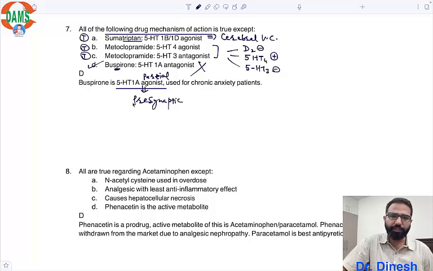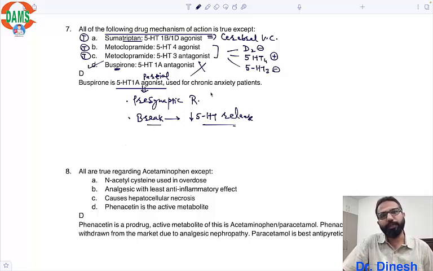Because it acts like a brake, it will decrease serotonin release, and that's why it can control anxiety. But this will take at least 1 to 2 weeks. That's why it is only used for chronic anxiety. It is not used for acute anxiety. That is buspirone.